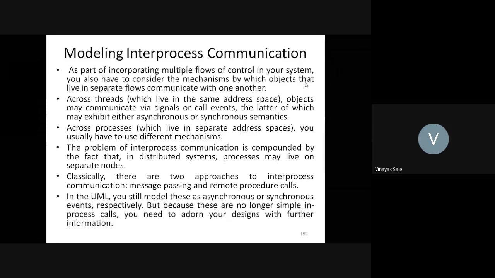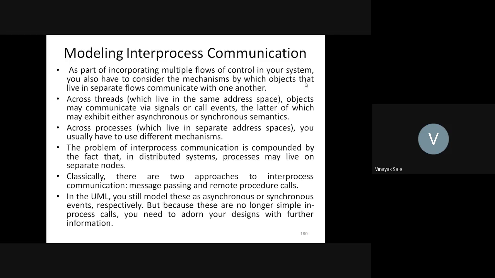The problem of interprocess communication is compounded by the fact that, in a distributed system, processes may live on separate nodes.